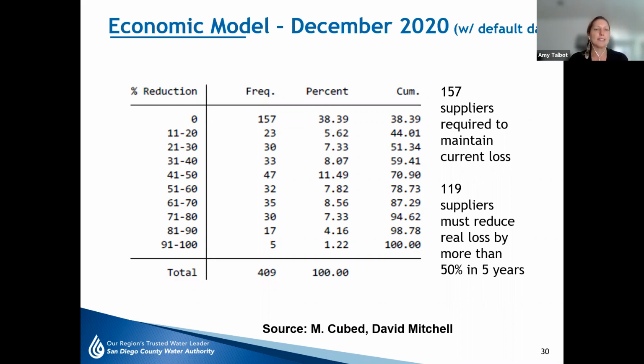A lot of agencies, 119 suppliers, must reduce their real loss by more than 50% in 5 years. And then 157 suppliers are required to maintain their current loss. So it's kind of split. Almost half are having to maintain, but another 30% have to do significant reduction in loss in a very short time period. Next slide, please.